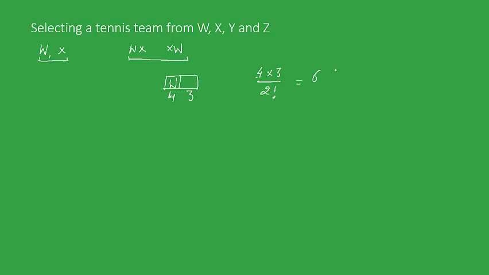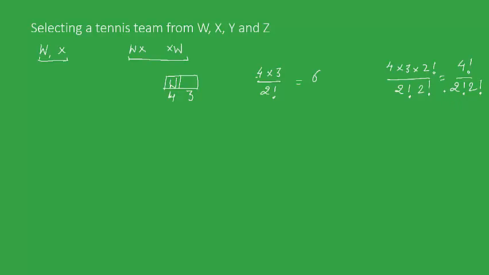To simplify this, the strategy we follow is that if we multiply numerator and denominator by 2 factorial, we have something of this sort, which can be written as 4 factorial upon 2 factorial into 2 factorial.